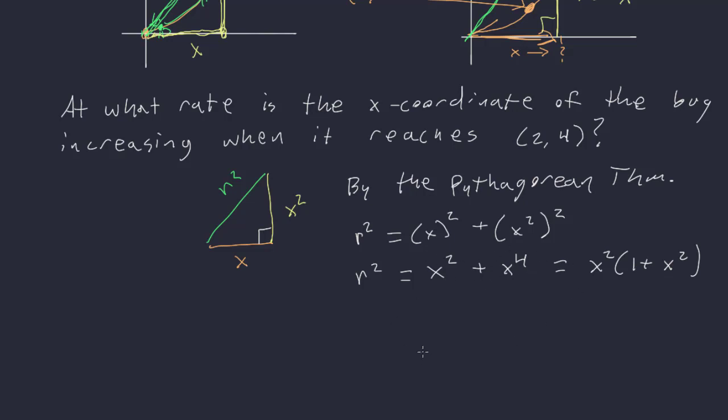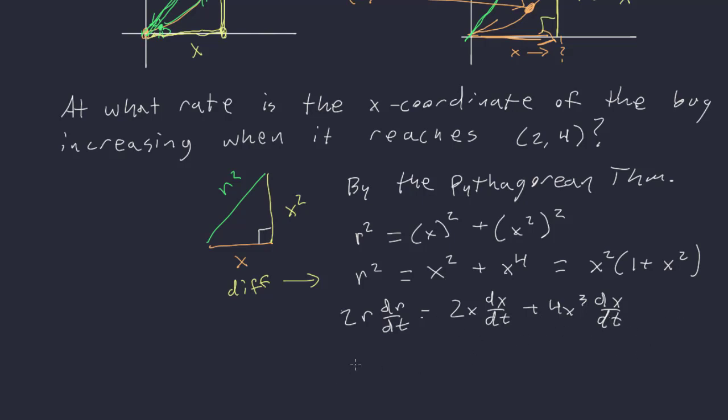I think I'd rather leave it like this so I can use the power rule. But now we can go about differentiating this guy here. Okay, so when we differentiate with respect to t, excuse me, we're going to get 2r dr/dt is equal to 2x dx/dt plus 4x cubed dx/dt.